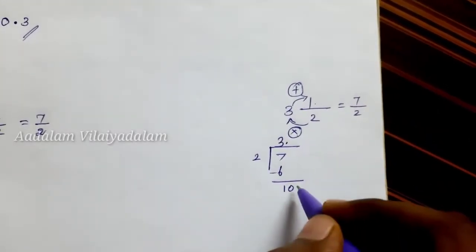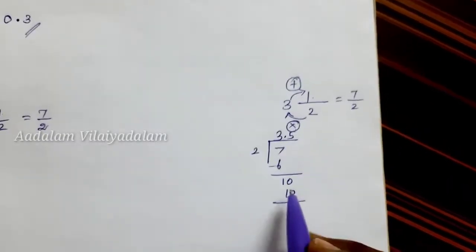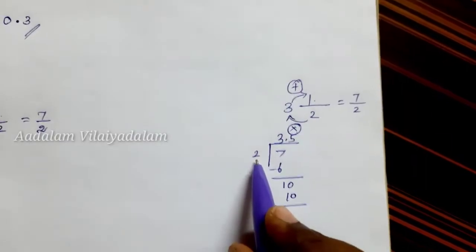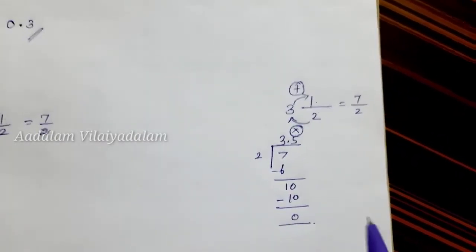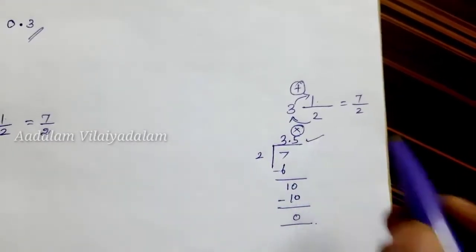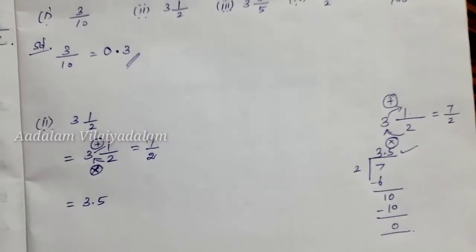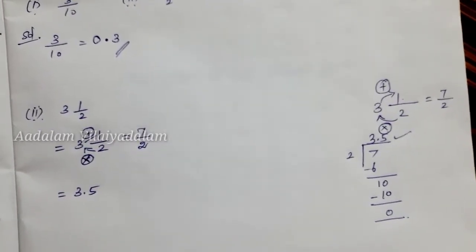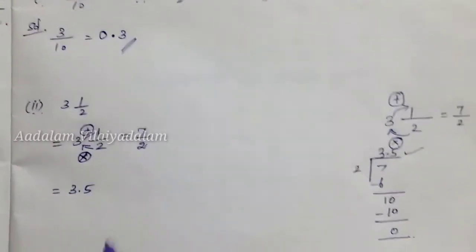Then 5 2s are 10, isn't it? Up to 10 in the 2 table, we get 10. Subtracting 10 minus 10, we get 0. Therefore, the required decimal number is 3.5. So this is one of the methods: we can divide the fraction and find the decimal value.